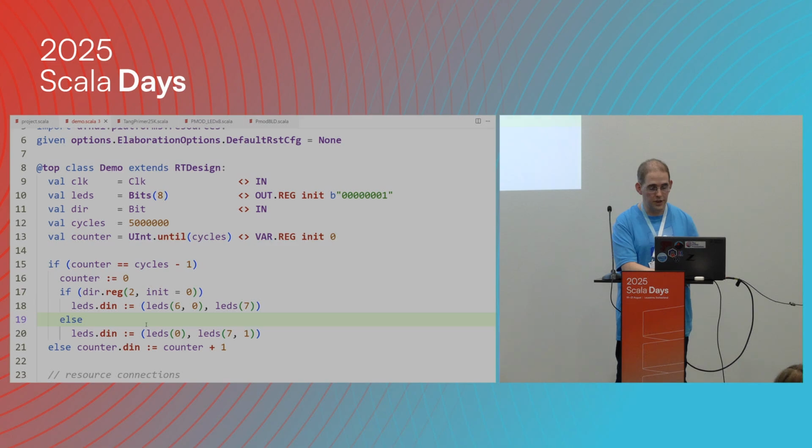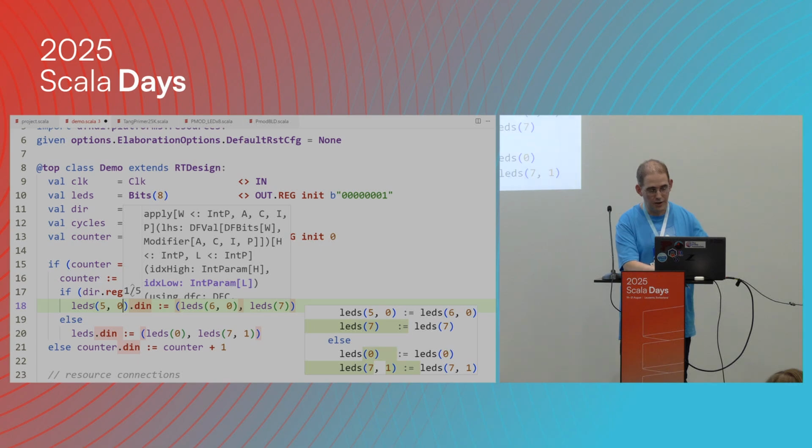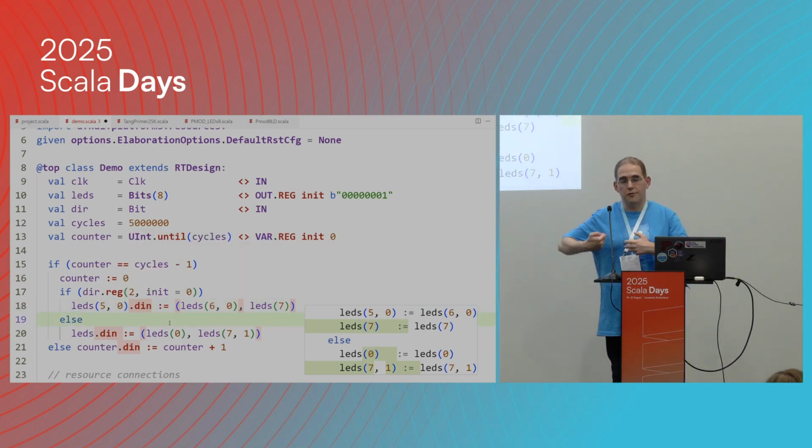And the din can come also after the selection. For example, here I can assign to part of the LEDs. So the capability of mutation, the capability of assignment is going through different types. When one type is derived from another, there is such a thing as a capability, but it could have been much easier to write it maybe as a true capability.